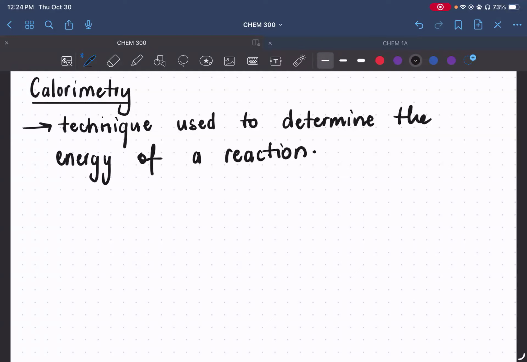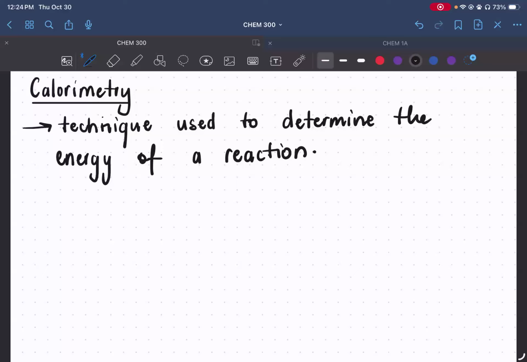Now, one of the biggest concerns with this type of topic, we're talking about energy of a reaction, should be to no one's surprise that temperature affects things. It's very sensitive to temperature. We've talked about how exothermic releases and how endothermic enters or absorbs.